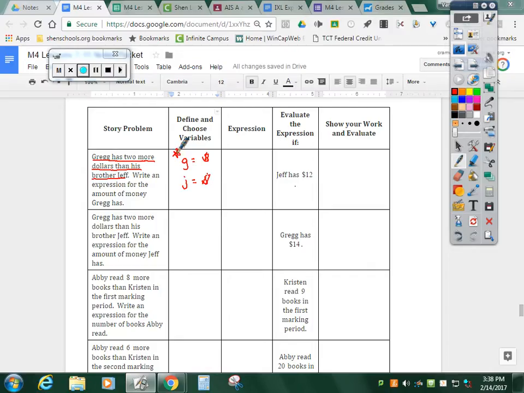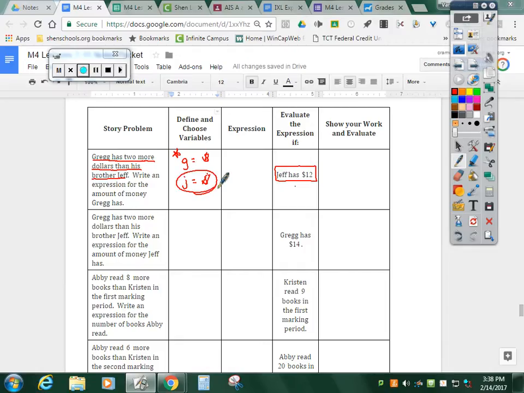Then I said, let's look at the information they give you here. They say Jeff has $12. In order to write an expression, we need to choose the variable that they give us data for, so we can evaluate, substitute.